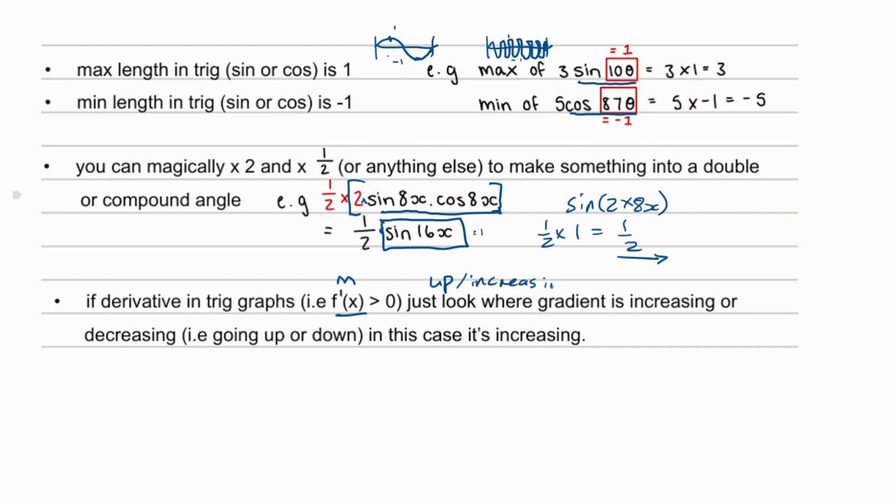You're looking on your graph, for example here, where is it increasing? There it was going up, there it was going up. So all I'd have to do is write my answer, in that case from 0 to 90, or I saw it went up from 270 to 360. And that's a lovely trick for a question that sometimes makes people panic quite a bit.